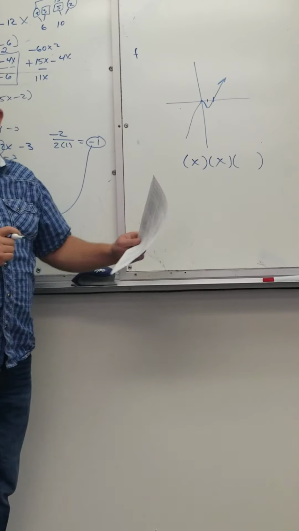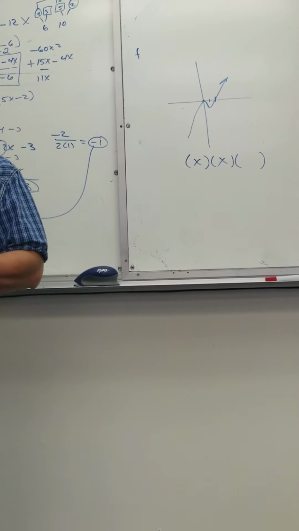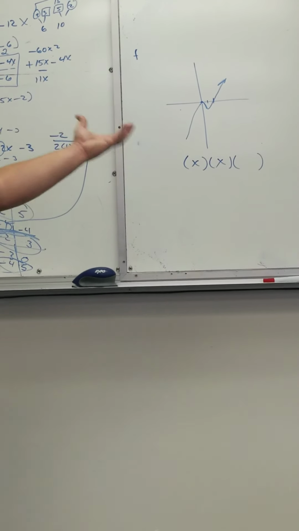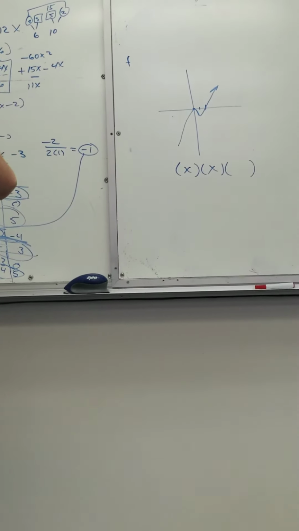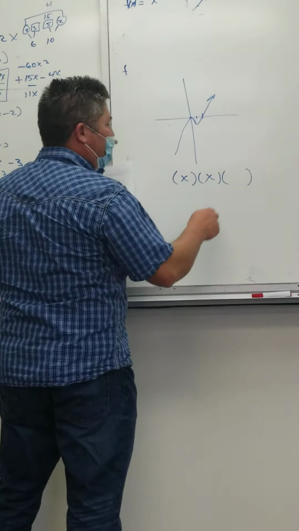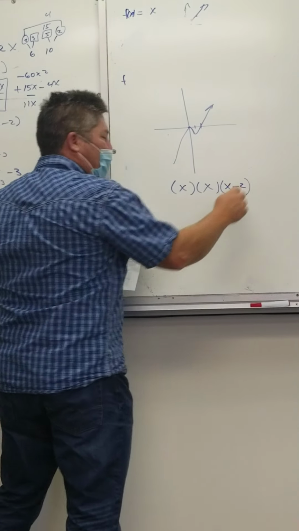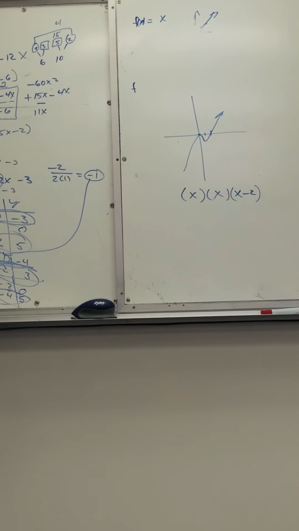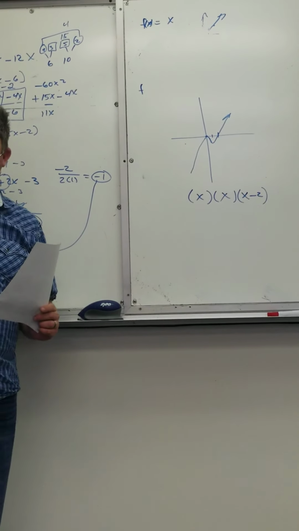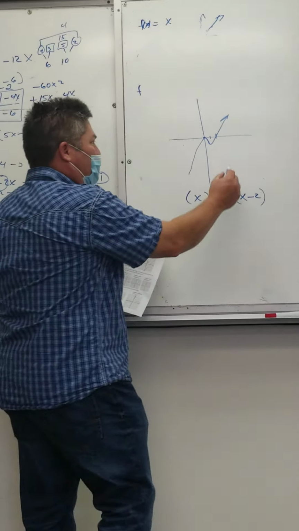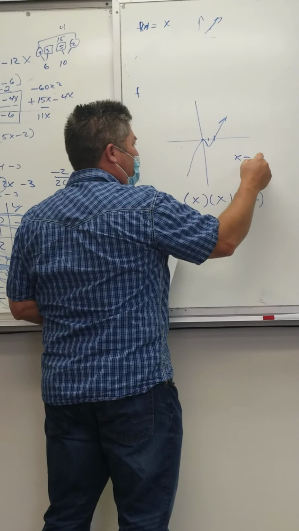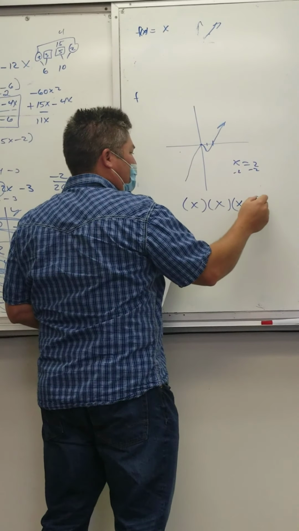What do those represent? X plus 0 and x plus 0, right? But they're really just x. X, x, and then what's the last one? X minus 2. Always change the sign of the 0 as you write it as a factor. Because really what you're saying is x equals 2. You're subtracting 2. That's why it's that.